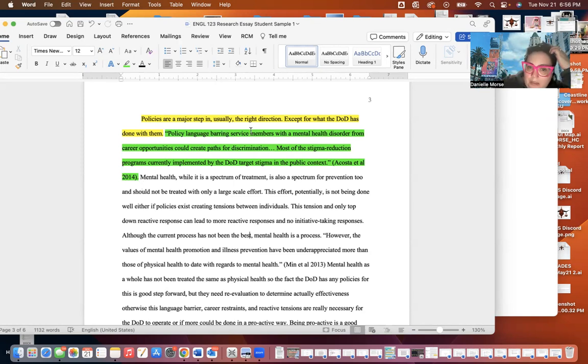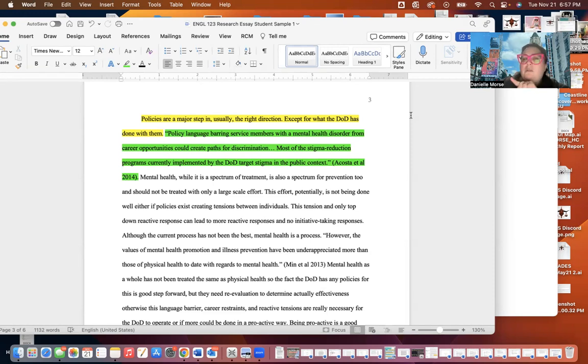So what I would expect to see after a quotation like this, especially a slightly longer quotation, is where it says policy language barring service members, I would ask specifically what policy language from what policy.